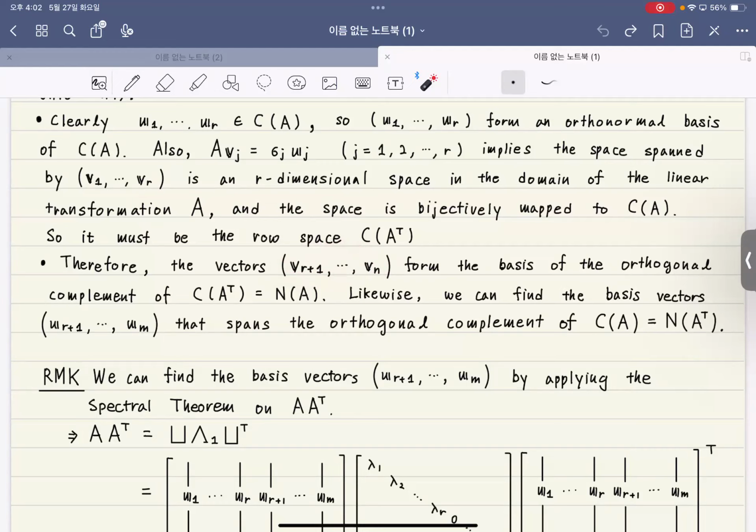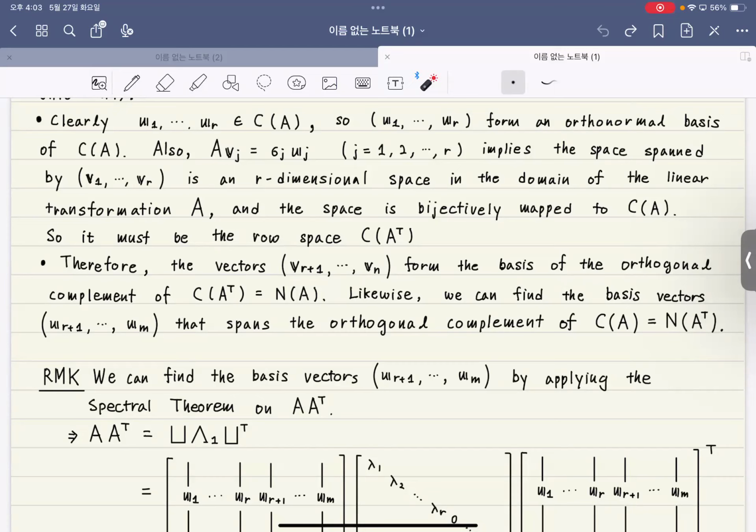So these vectors are going to be the basis of the orthogonal complement of the row space, the column space of A transpose, which is the null space, right? So we also obtained the orthonormal basis for the null space. What about the orthogonal basis for the left null space?